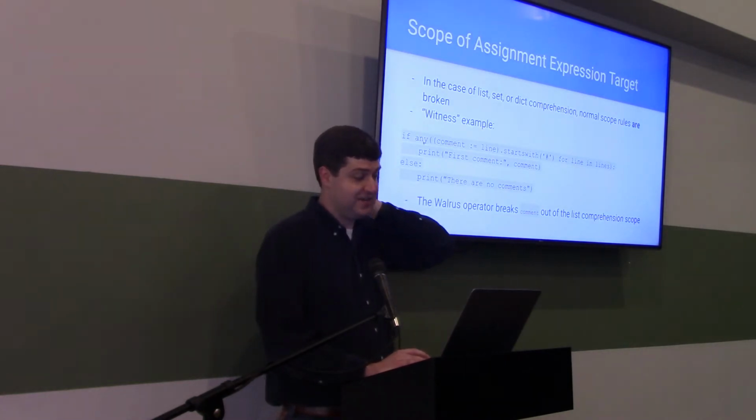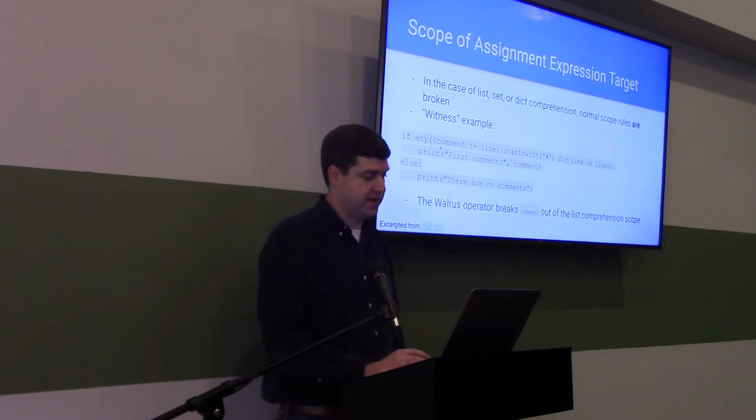We have an any statement here, which is going to loop through all the lines and look for any line that starts with a hash. The first one it finds, we're going to see comment get that value, and it's going to come out and say that the first comment is comment.